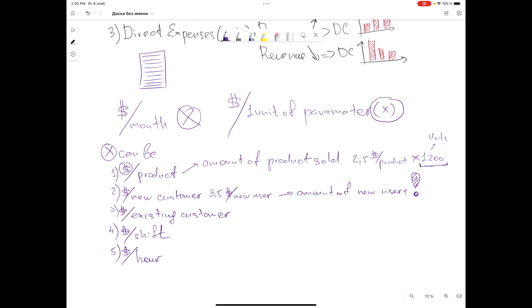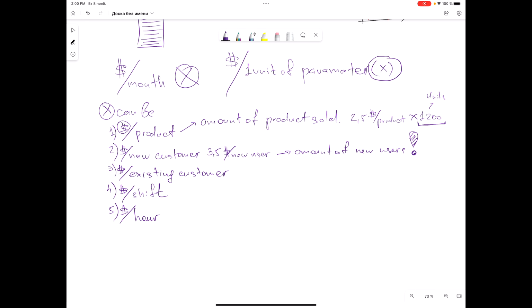So what is important about direct expenses? You have to link these expenses to different parameters.